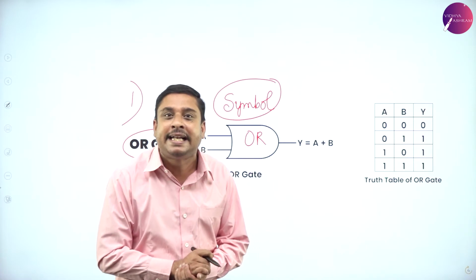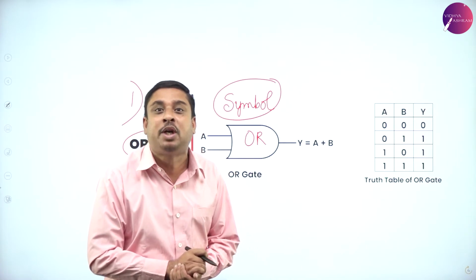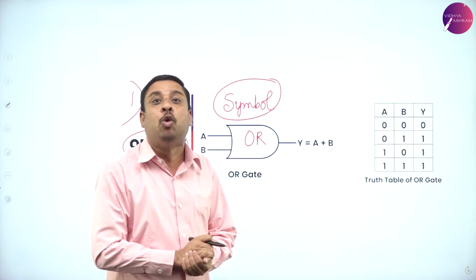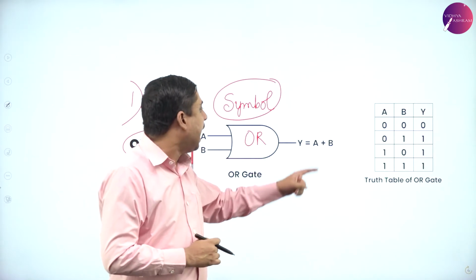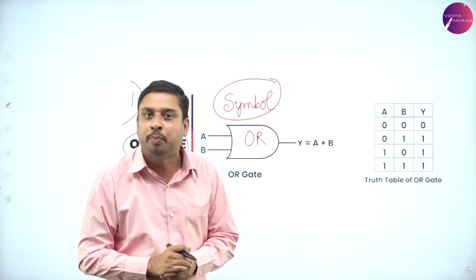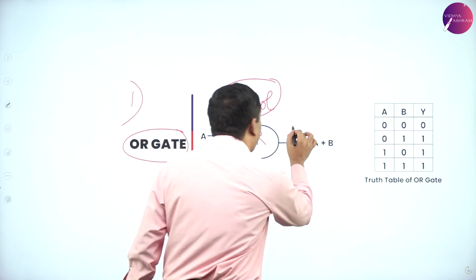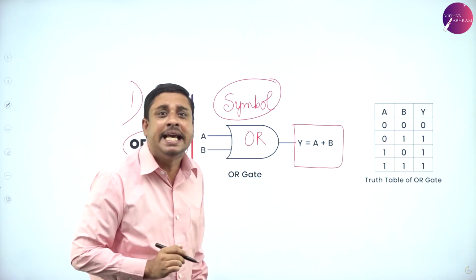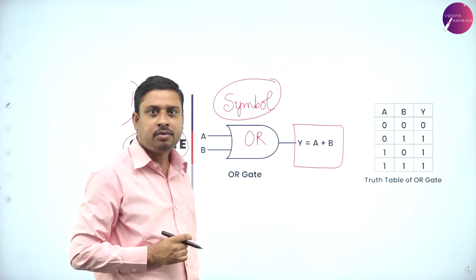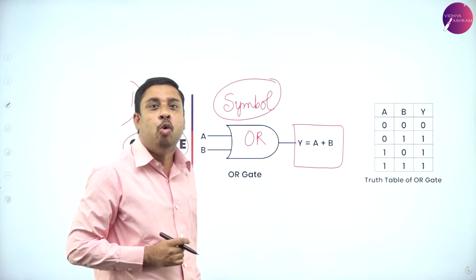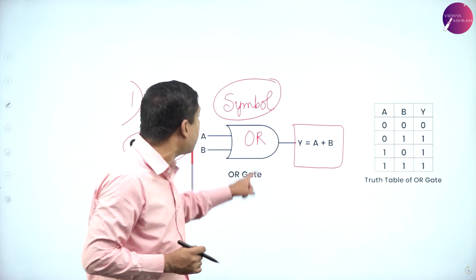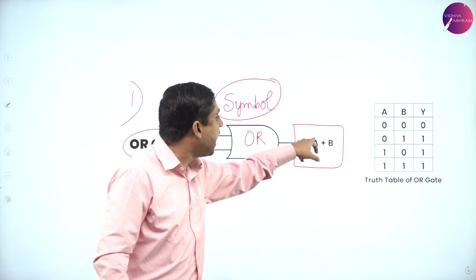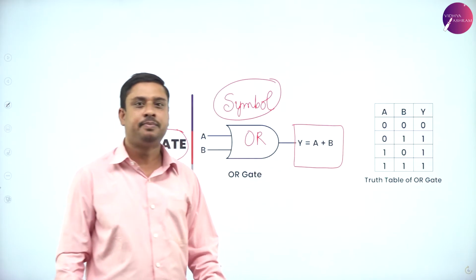So how many inputs does an OR gate have? An OR gate has two inputs and a single output. And this output is what is called the Boolean expression. So what is the Boolean expression for the OR gate? Y equals A plus B.